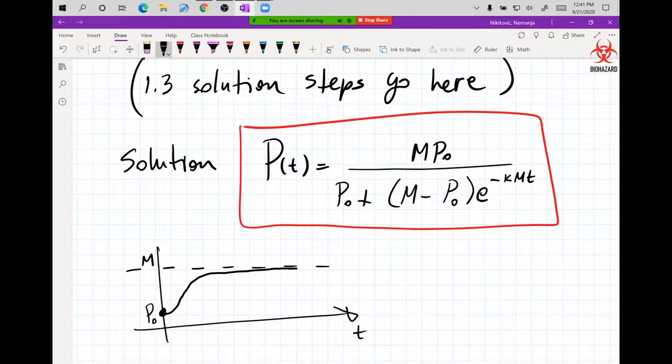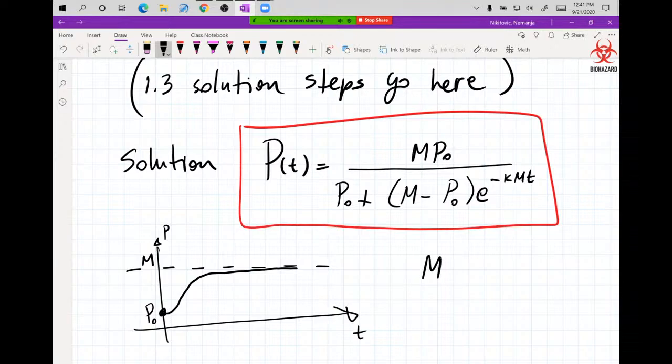So you wait a sufficient amount of time. It's not going to grow forever like the first model we had. This one is going to level off and follow this point M, the carrying capacity.